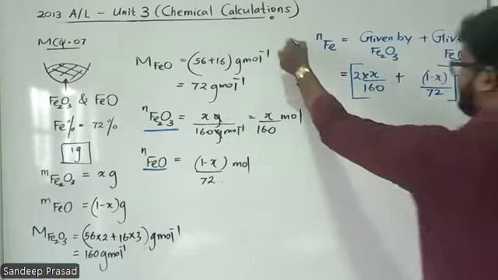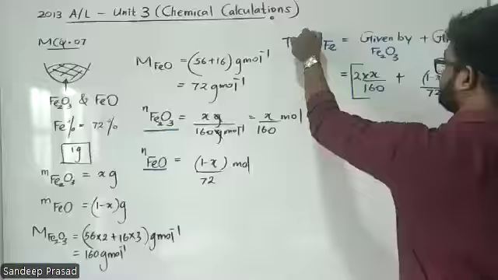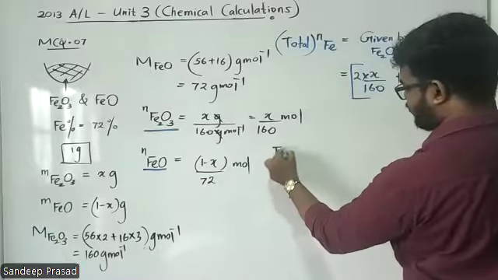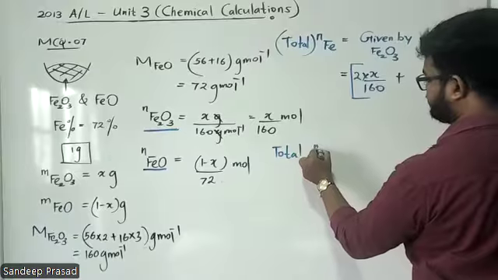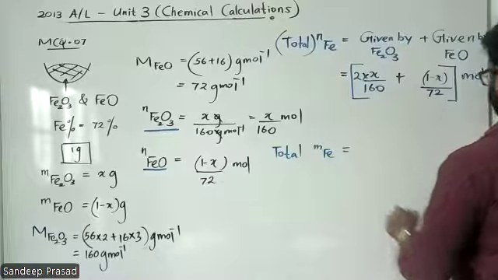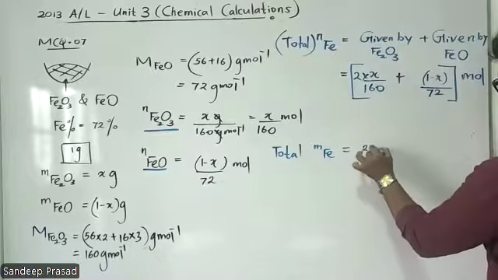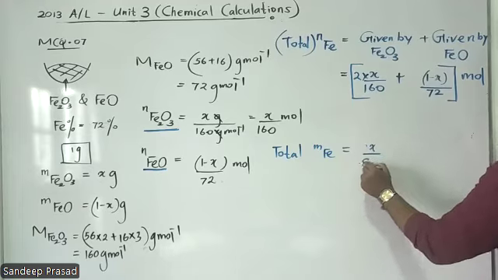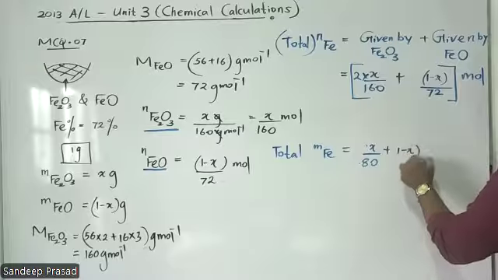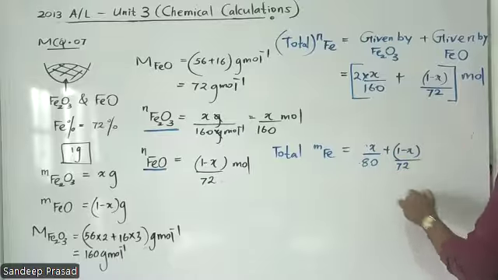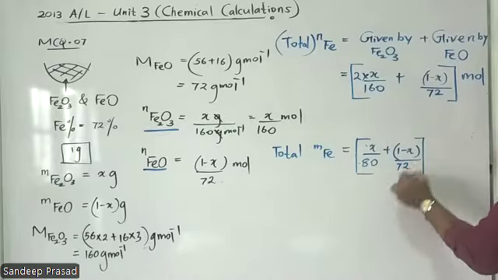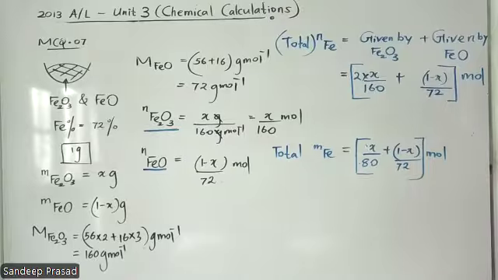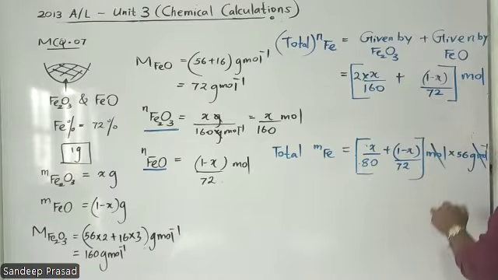Then what is the total mass of iron? This expression, x over 80 plus 1 minus x over 72 moles, multiplied by the molar mass of iron, 56 grams per mole. Then per mole will cancel off.